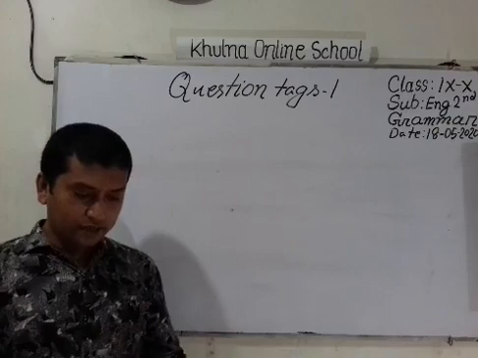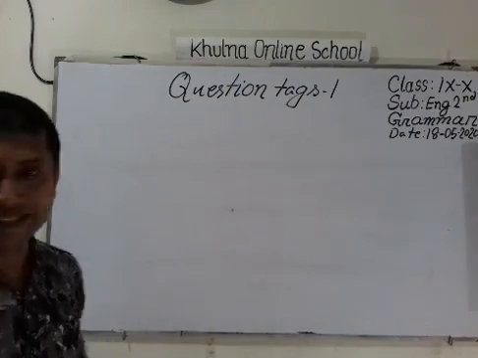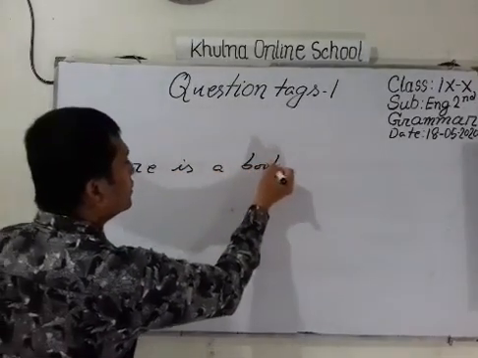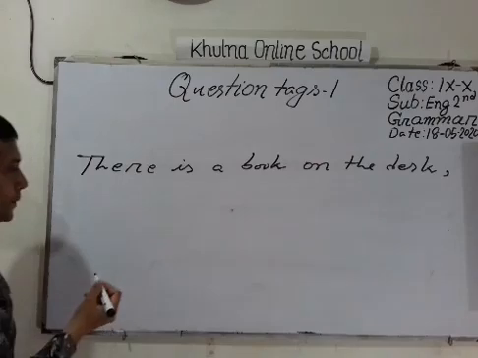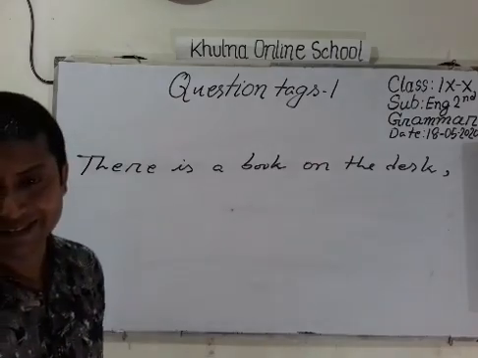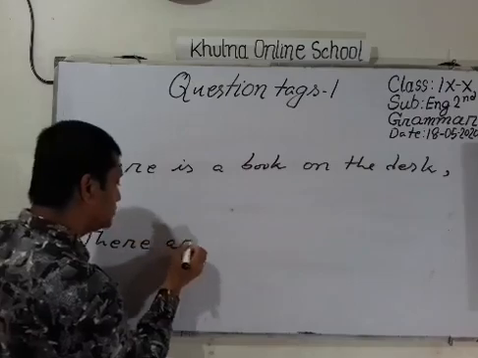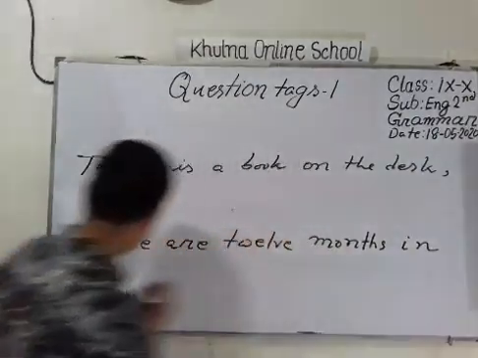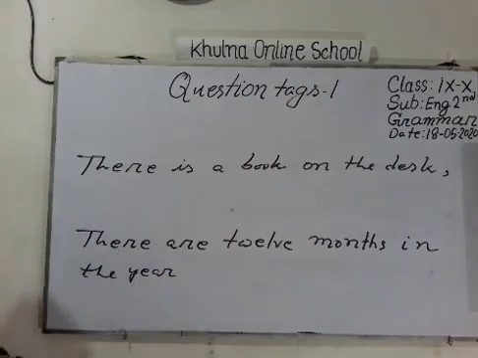Okay, now another important rule for you. There is a book on the desk. Another sentence. There are 12 months in a year.